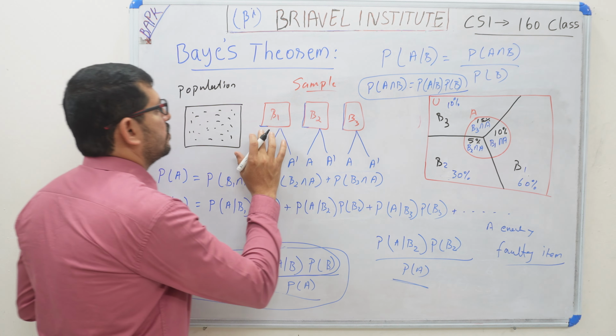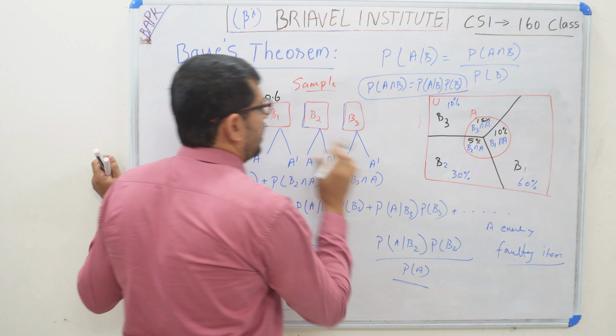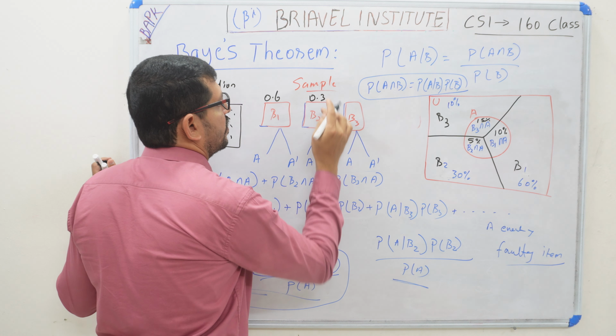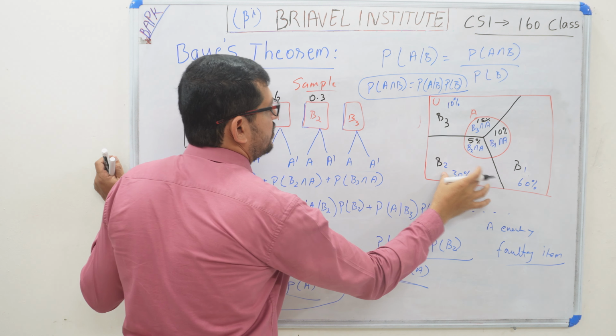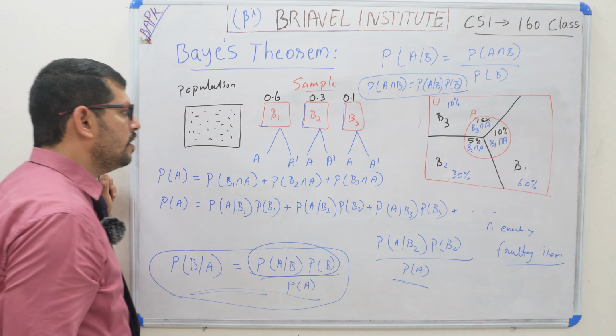B1 is supplying, so the probability is 0.6 for B1, 0.3 for B2 (30%), and 0.1 for B3 (10%).